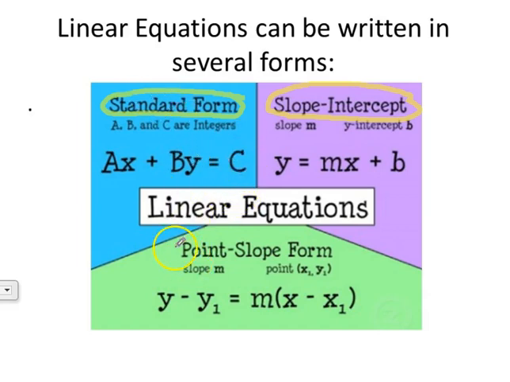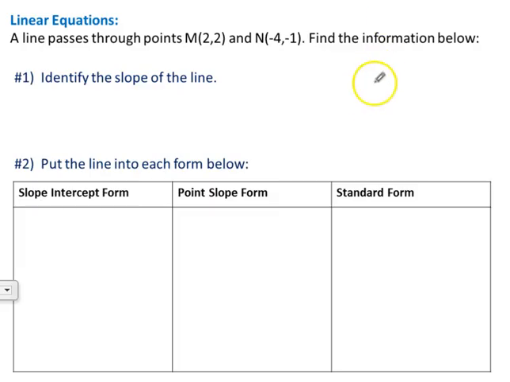And then there's point slope form, where we write it as y minus y1 equals m times x minus x1, where x1 and y1 are a point. So we would grab a point, plug it in for the y1 and the x1, and then m represents the slope. We're going to look at standard form, slope-intercept form, and point slope form more in depth this week.